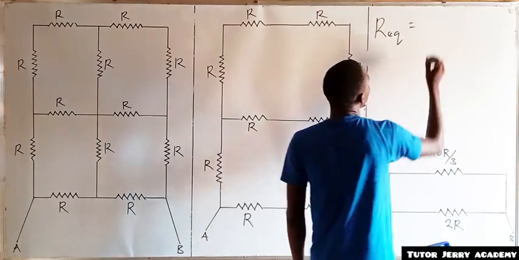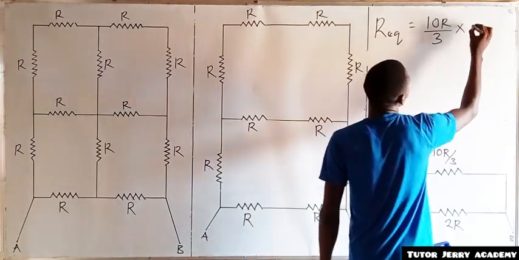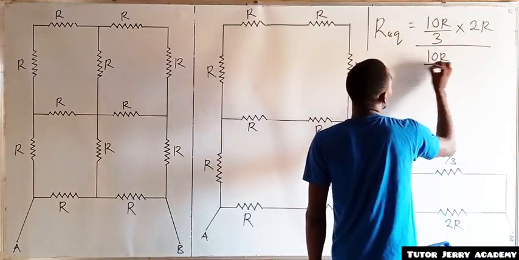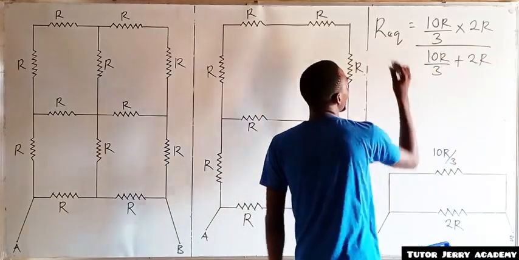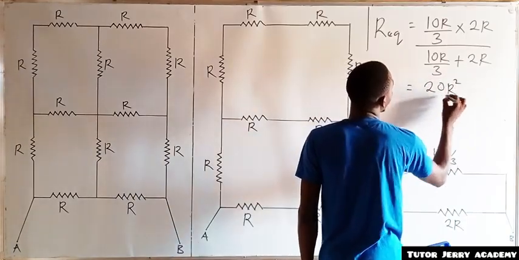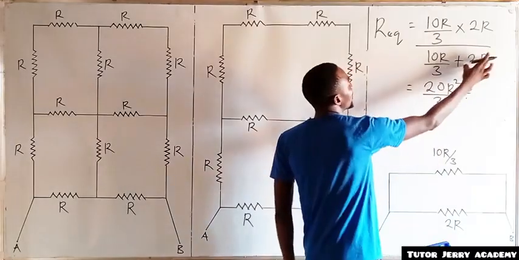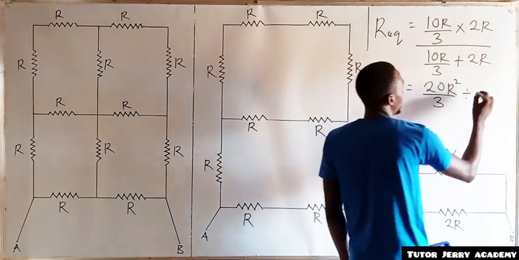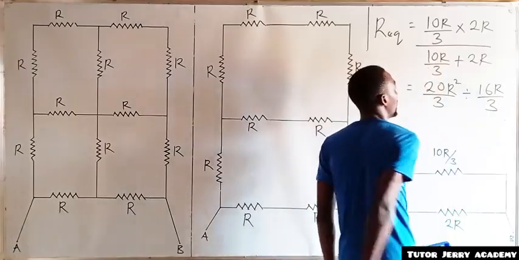The equivalent resistance will be equal to 10R over 3 multiplied by 2R, over 10R over 3 plus 2R. So this will be equal to 20R squared over 3, divided by 3 times 2 which is 6R, plus 10R, that is 16R over 3.